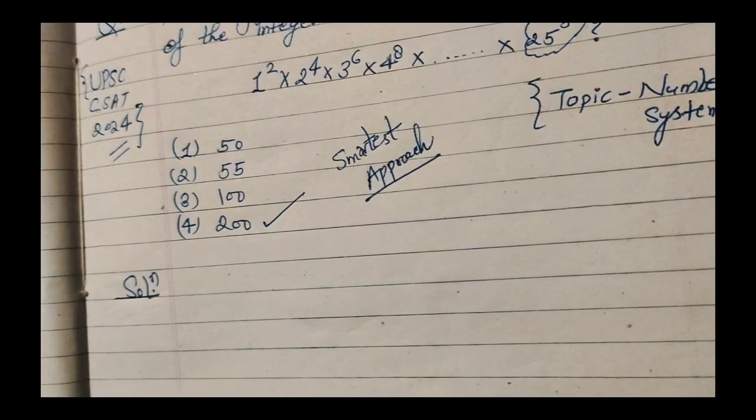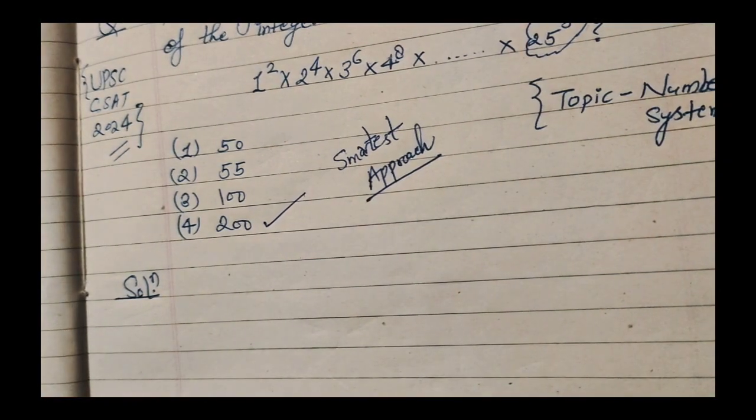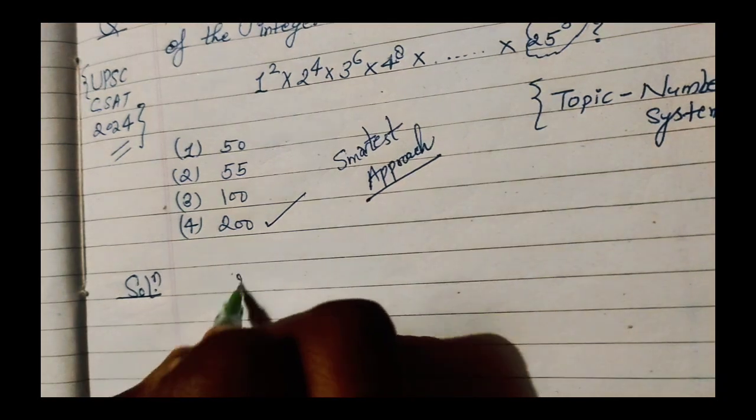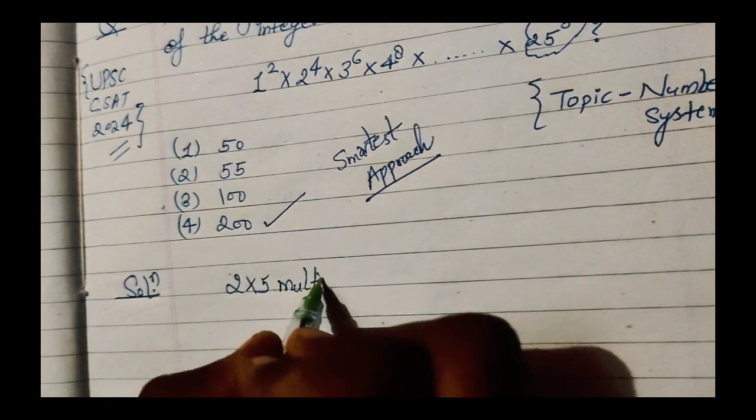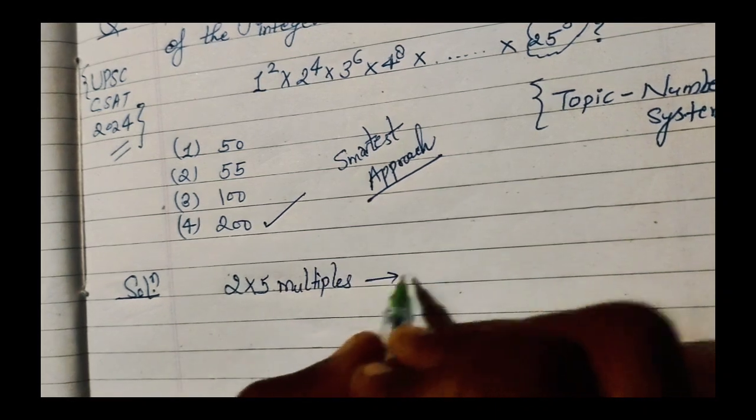So how am I able to find this? We know that if you want to find the consecutive zeros, we actually have to check 2 into 5 multiples, right? Then it will become a 0.